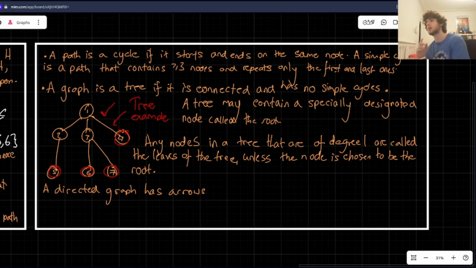In the graphs we've looked at so far, the way to connect two nodes is via an edge, but there's no direction. An edge doesn't have an arrow pointing, let's say, from 3 to 7. In a directed graph, we actually have arrows instead of simple lines that connect two nodes.